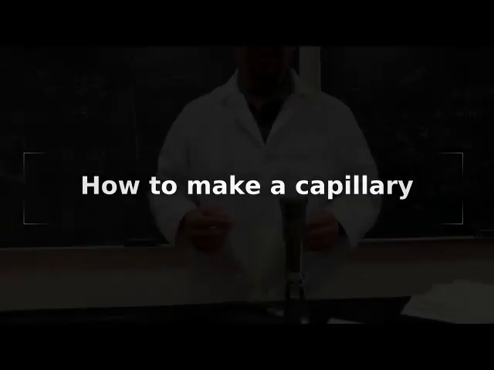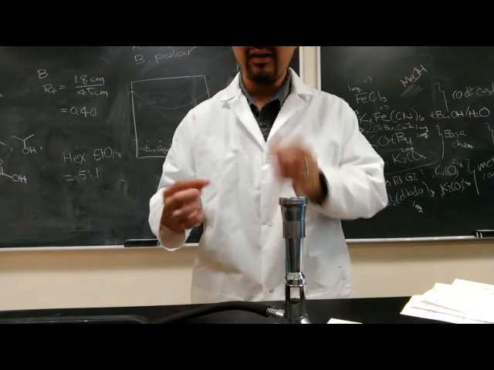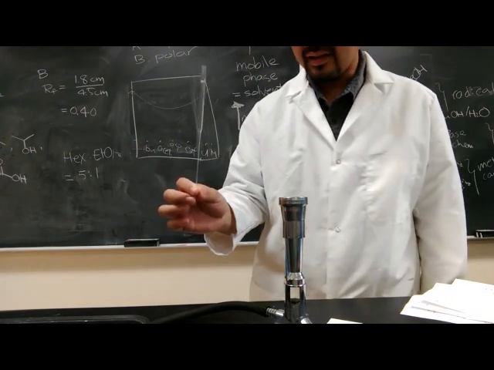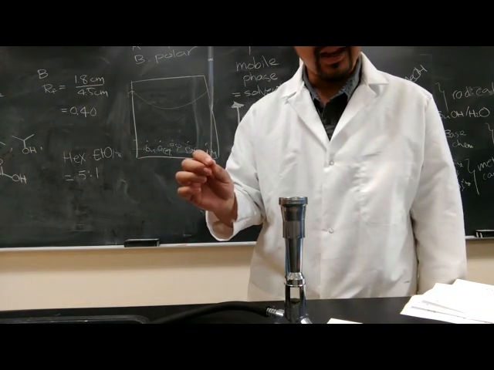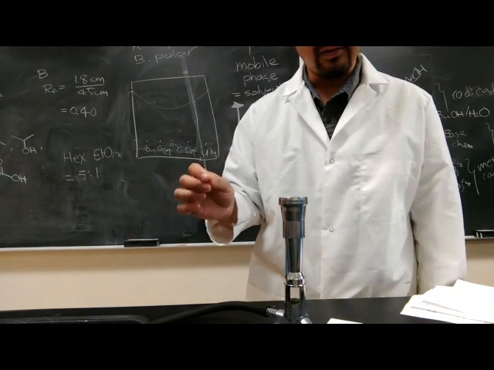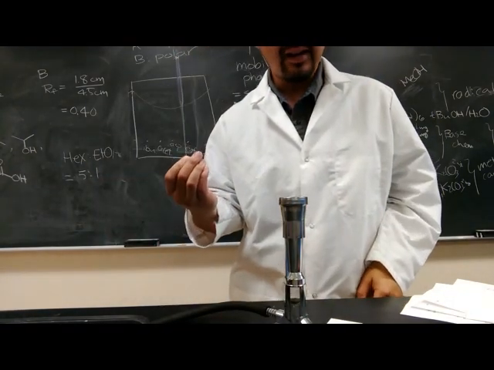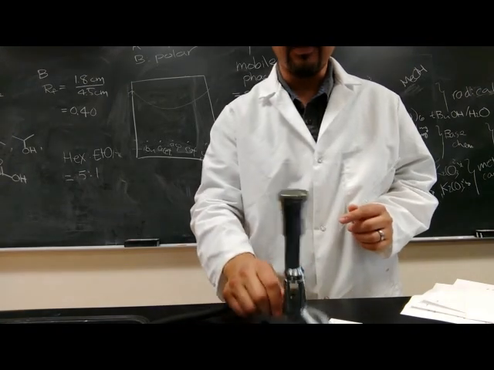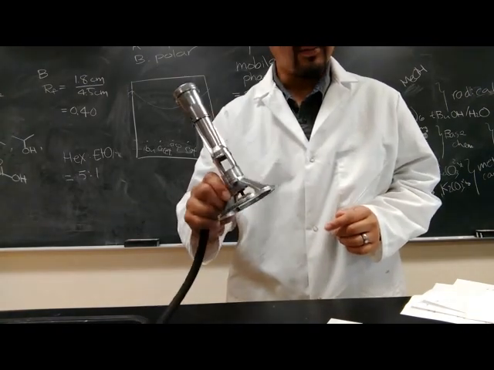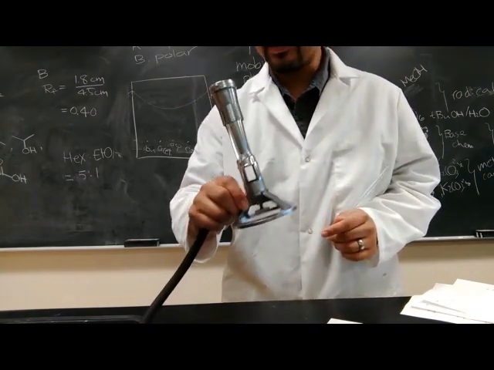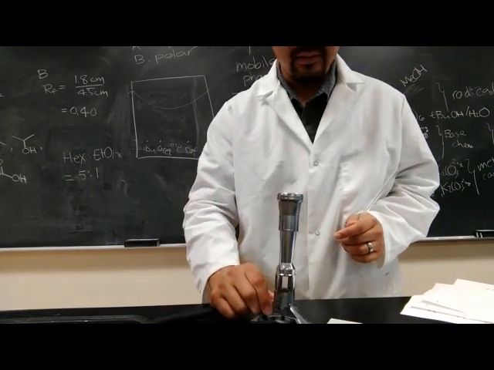Here's how you can make a capillary from, I don't know if you can see this, a glass Pasteur pipette, which is made of borosilicate. This can melt at a higher temperature, which we can achieve with this handy dandy Bunsen burner, which I'm hoping you have had a chance to use in your general chemistry course.